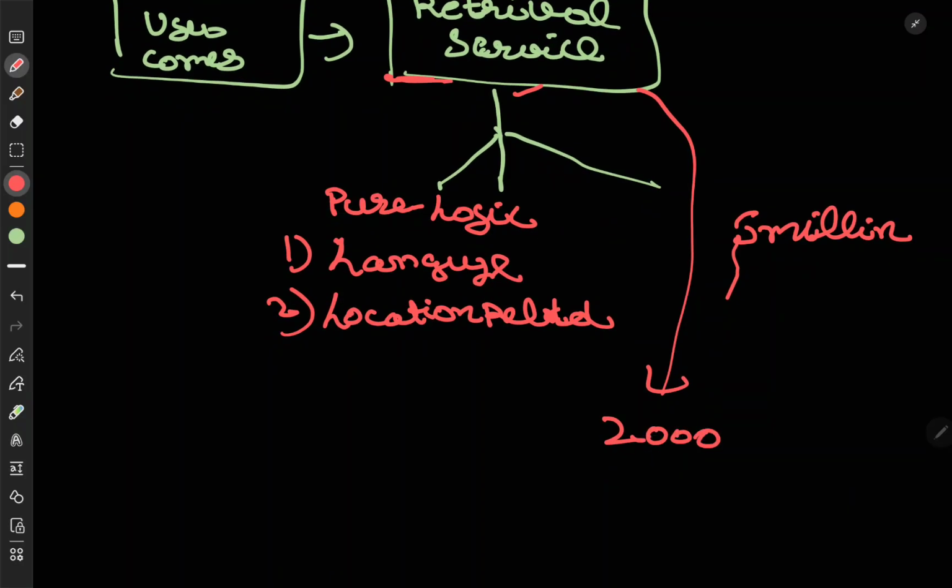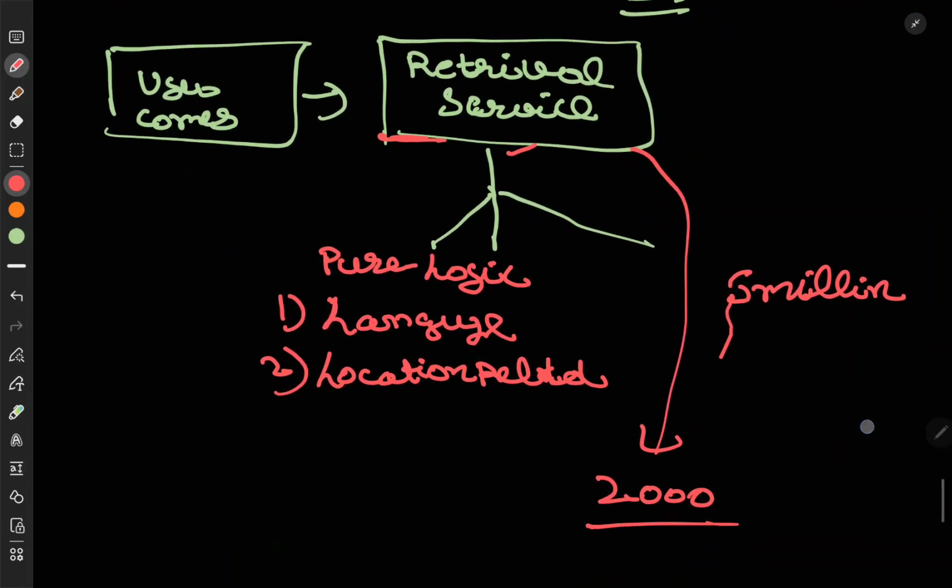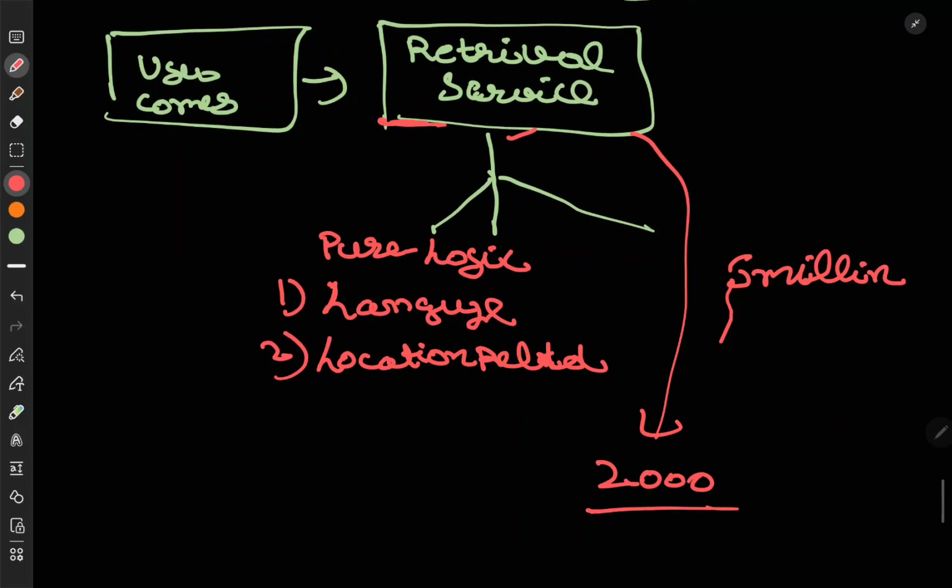And once these posts come down to 2000, then I can use my model to predict what posts I'm going to show and what posts I'm not going to show. Okay, so this retrieval service does this part. Now coming to the next thing, it would do multiple things.